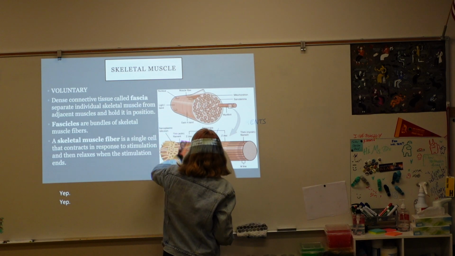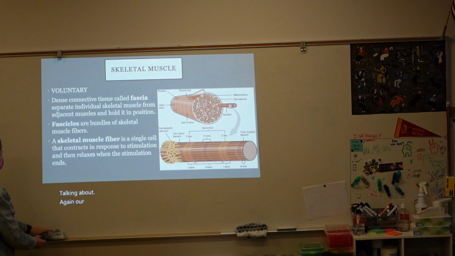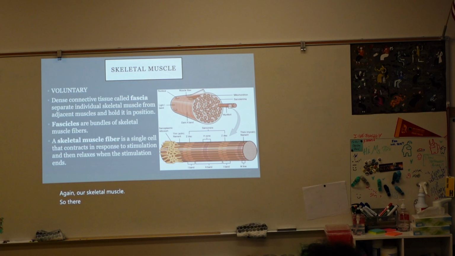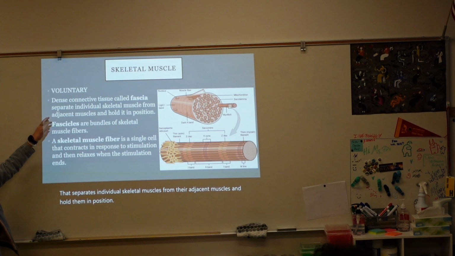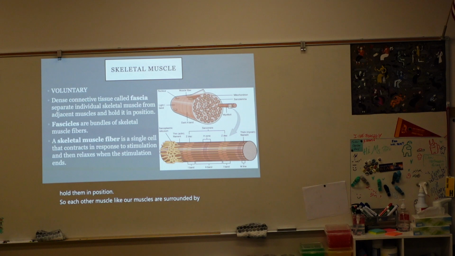Talking about, again, our skeletal muscle. There is a dense connective tissue called fascia that separates individual skeletal muscles from their adjacent muscles and holds them in position. Each of our muscles is surrounded by a dense connective tissue layer.